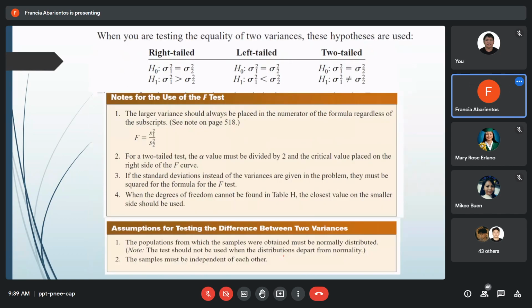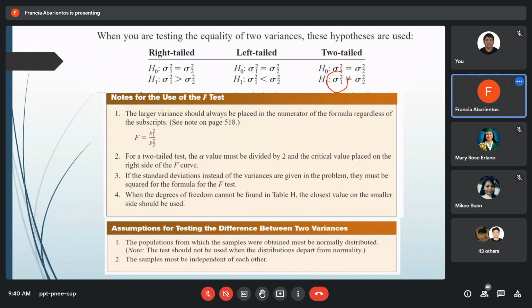Okay? So when you are testing the equality of two variances, we have this hypothesis. Ulit-ulit lang to, class: the right-tailed, the left-tailed, and the two-tailed. Pero variances na tayo. Kanina, when we made use of the F test, the T test, the Z test for proportions, given two different means, we always made use of the mean.